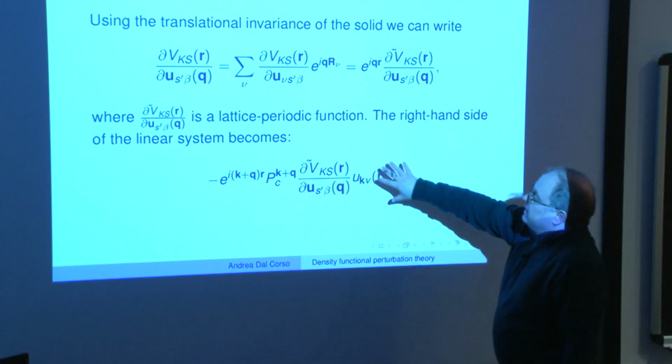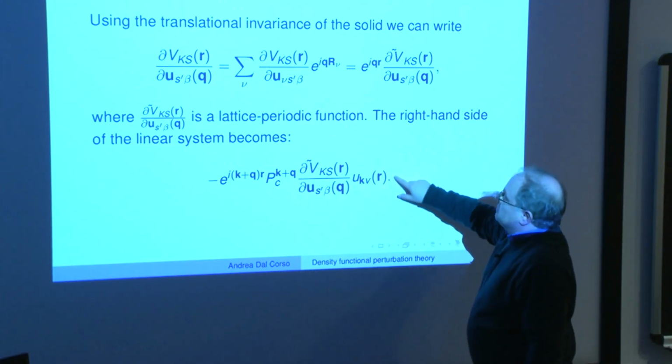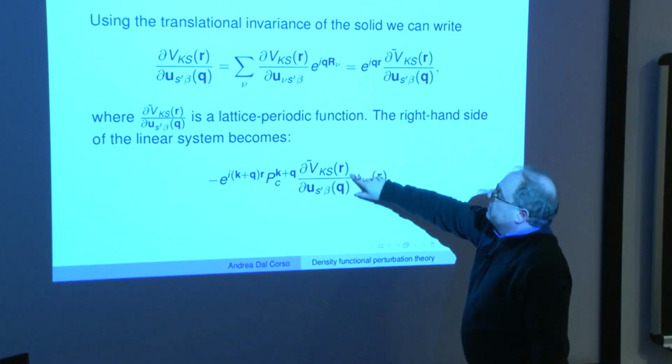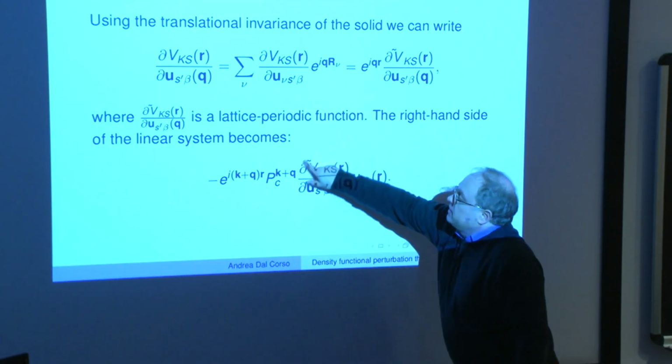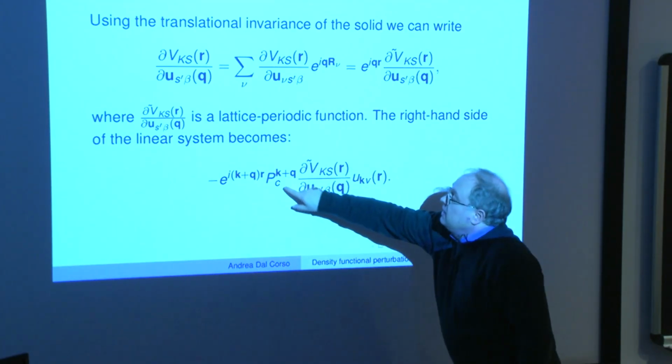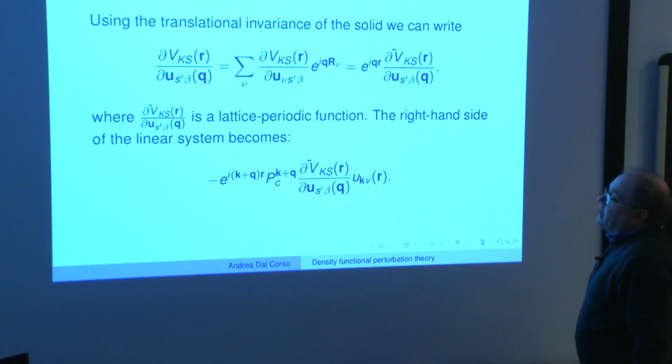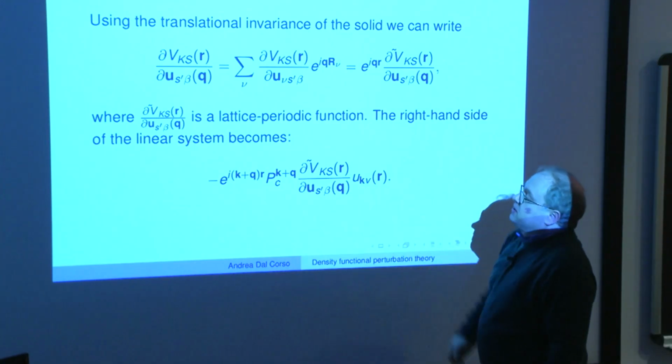The right-hand side of the linear system becomes like this, with the periodic part of the Bloch function, the periodic part of the Kohn-Sham potential, the periodic part of the projector, and the phase K plus Q R.